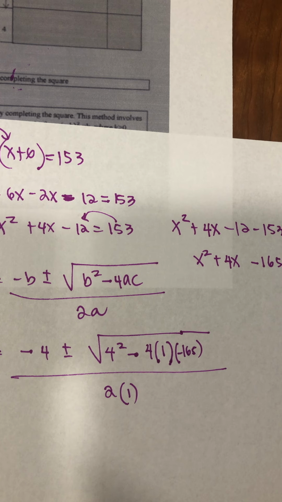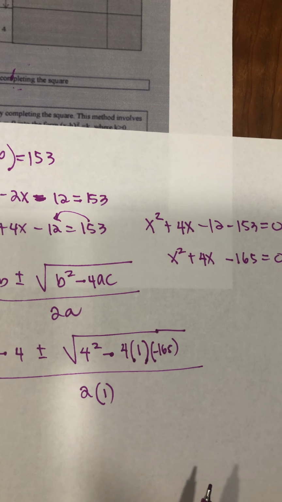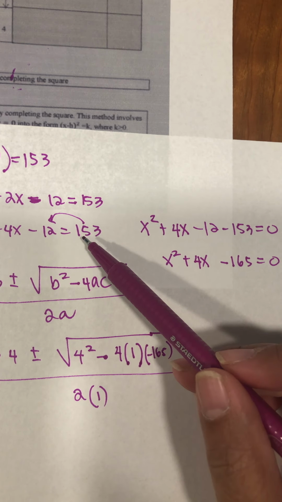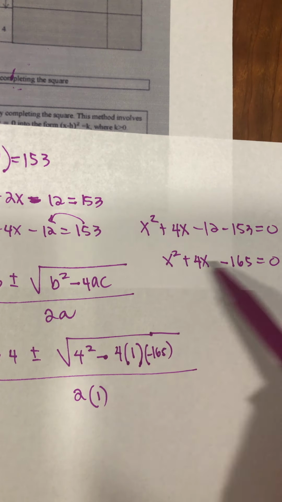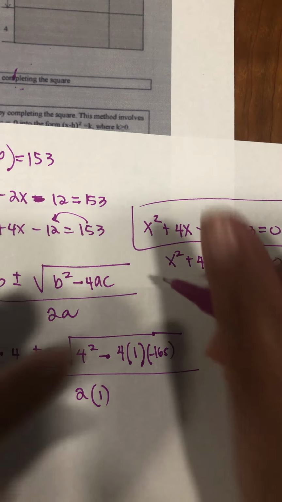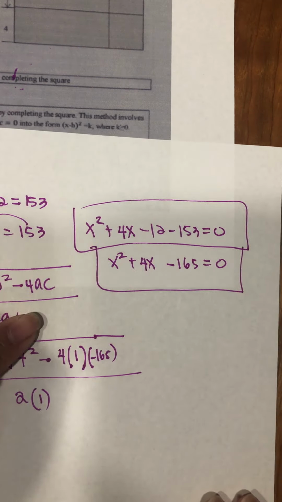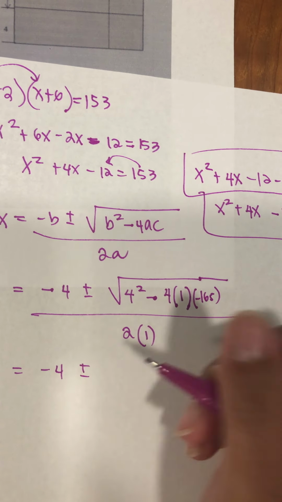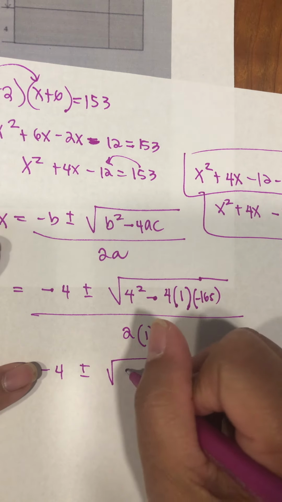Yeah. So by the way, before you can do quadratic equation, make sure that your quadratic equation is in the standard form, like this is the standard form. All right, so here, finally this one. Okay, so now let's solve. Negative 4 plus minus 16.